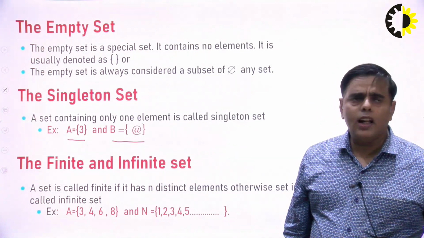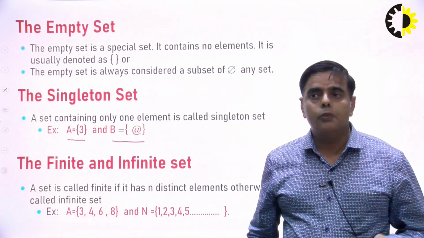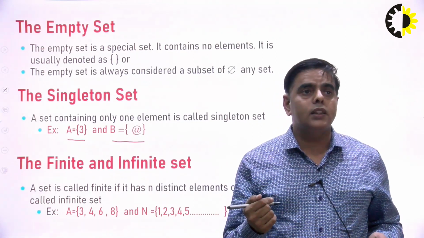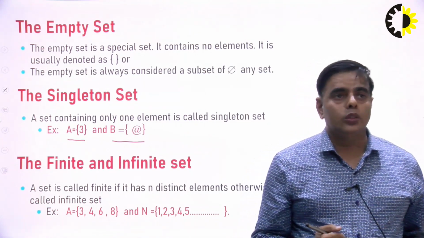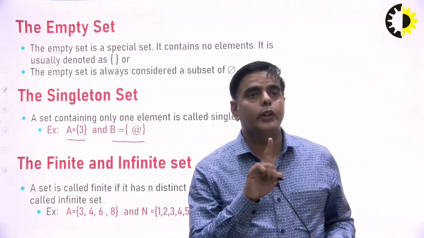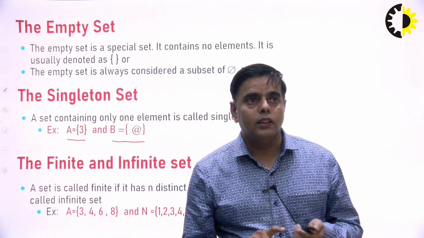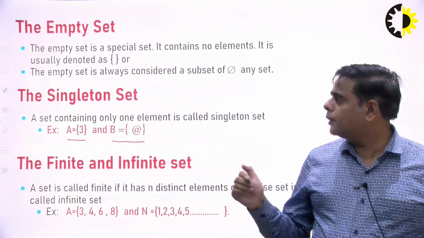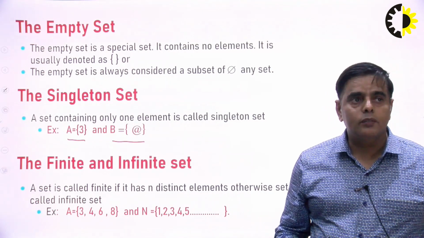Okay. So there may be different types of singleton sets. Suppose I am talking about the set of prime numbers with even value. That means there exists only a single value, 2, which is even and prime. So these are examples of singleton sets. Next are the finite set and the infinite set.